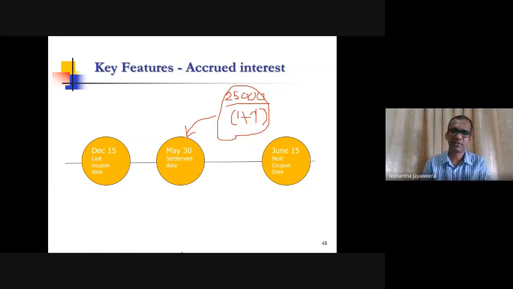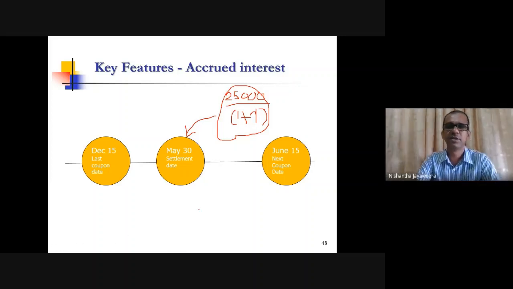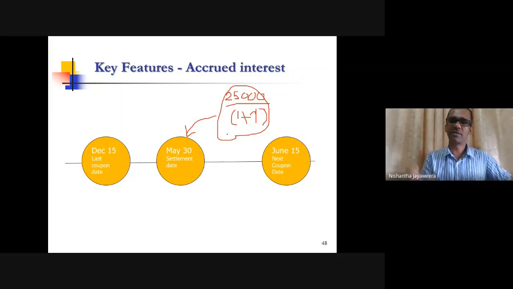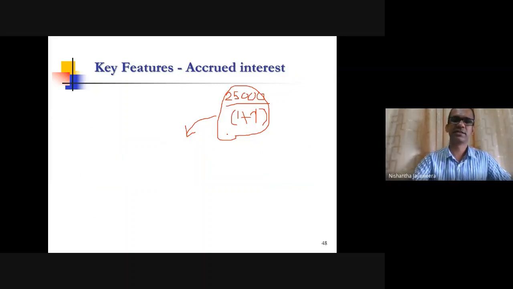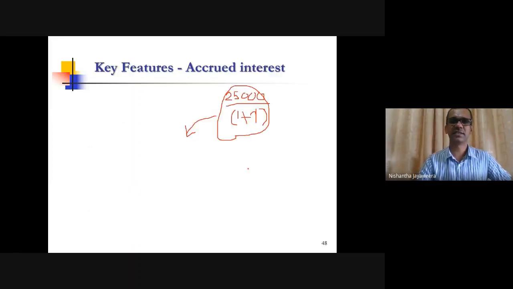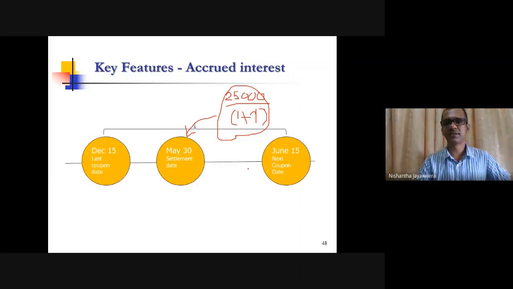Yes. In between May 30th and June 15th, there's no one period, because when we say one period in this exercise, it has to be one full semi-annual period, 6 months. But in this case, there's no 6 months.